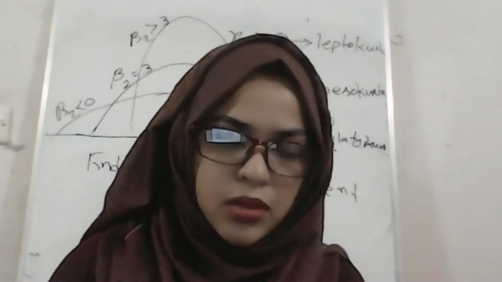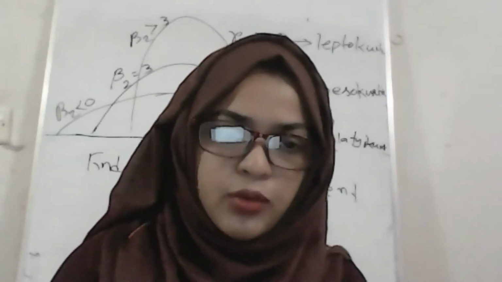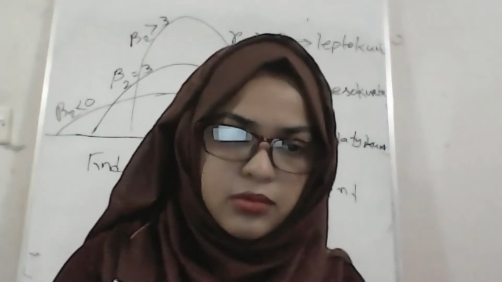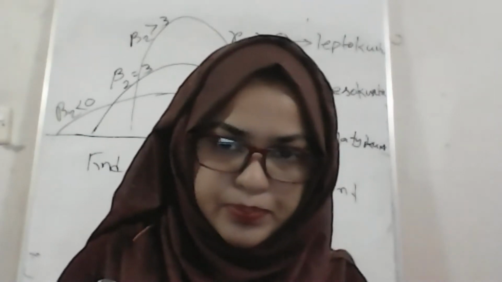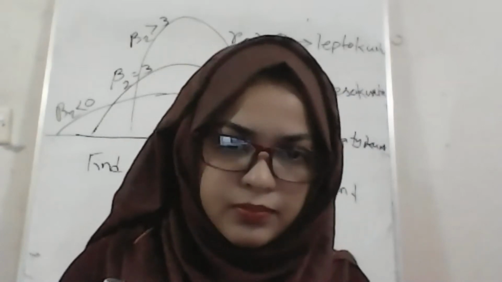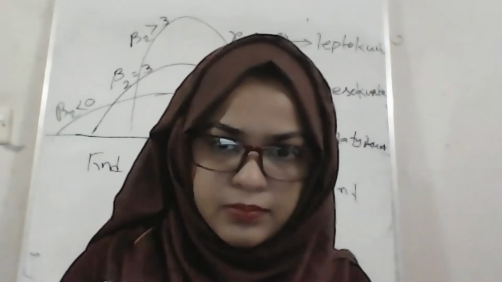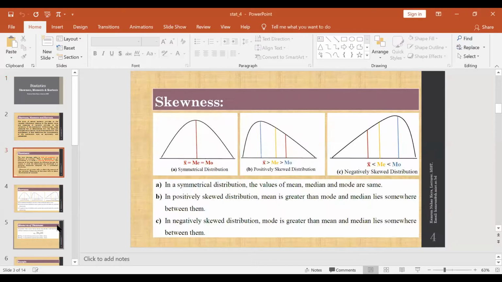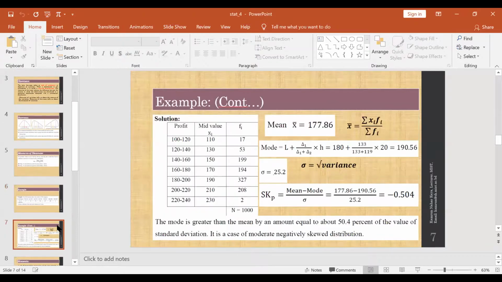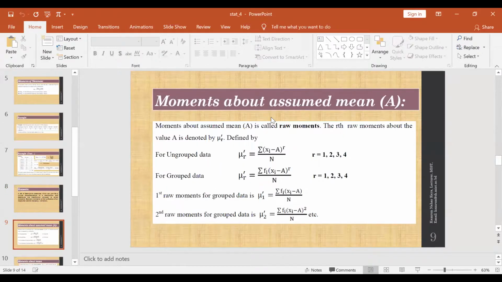Whenever we are using the definition with the assumed mean, it means we are assuming the mean. We have learned how to find the arithmetic mean: we sum up all the values and then divide by the total frequency, so we know how to find the arithmetic mean.